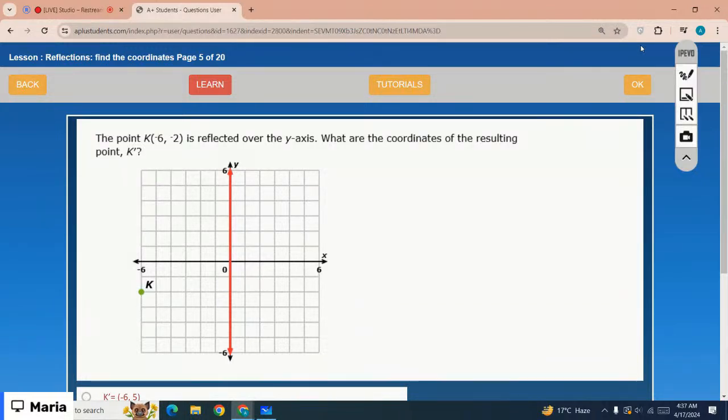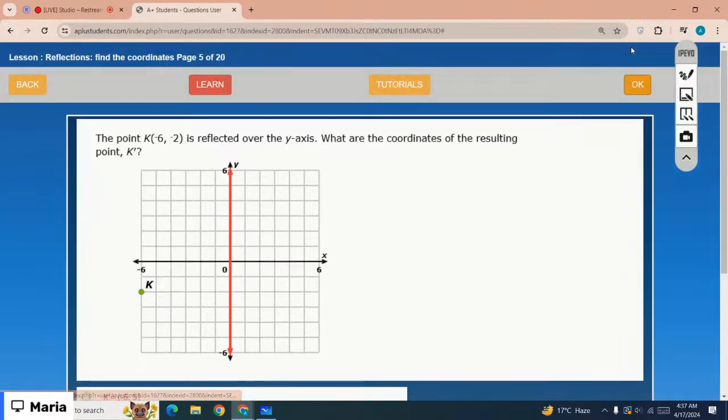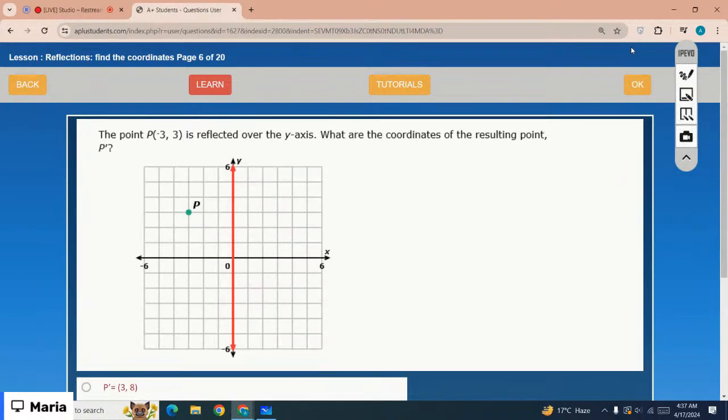The point K, negative 6 and negative 2 is reflected over the x-axis. Sorry, y-axis. What are the coordinates of the resulting point K? So which is the correct option? That is 6 and negative 2. Option number 2 is the correct option. The point P, negative 3, 3 is reflected over the y-axis.